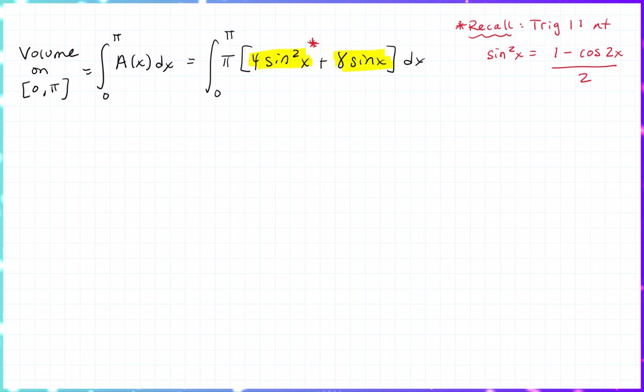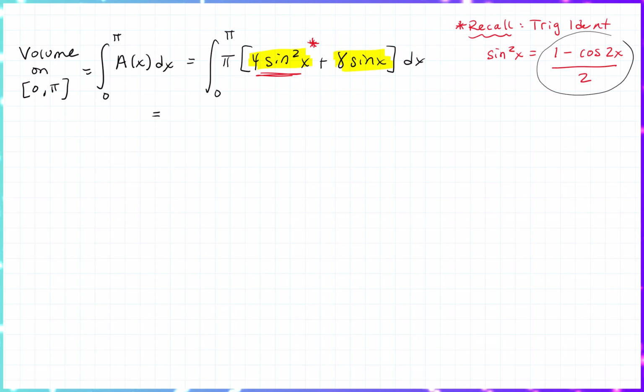It may have been a while since we've worked with them, but after we get done with chapter 6, we're going to head into integration strategies. And one of the integration strategies, which I really do group with the basic integral strategies, is utilizing algebra or trig basics to simplify before we integrate. And right there, boom, we can look at that and say, oh, I can't integrate sine squared, but I will be able to integrate 1 minus the cosine of 2x over 2. So we'll make that substitution.